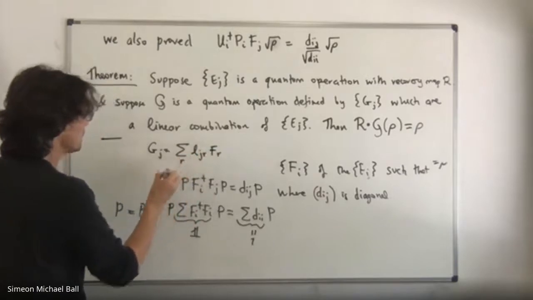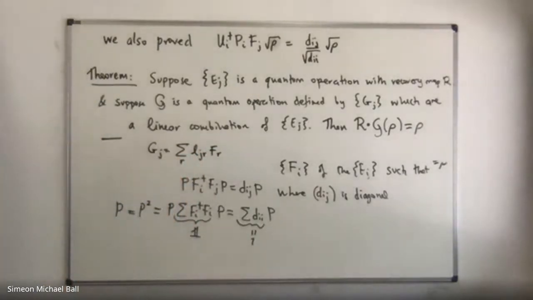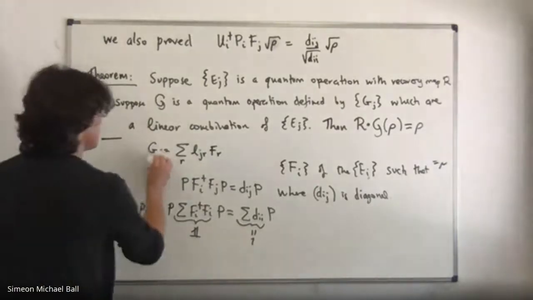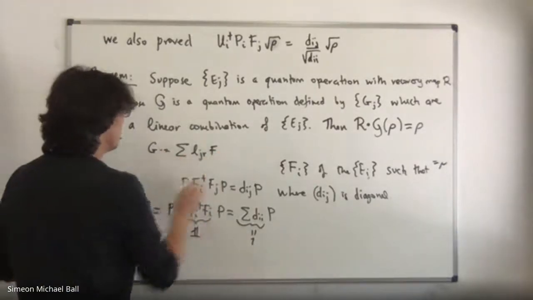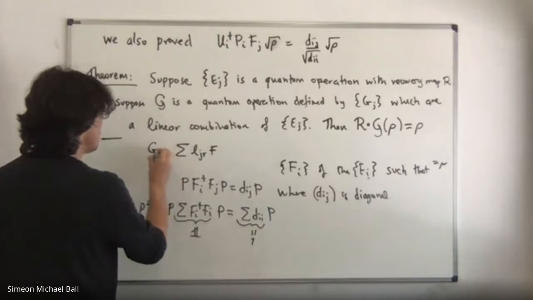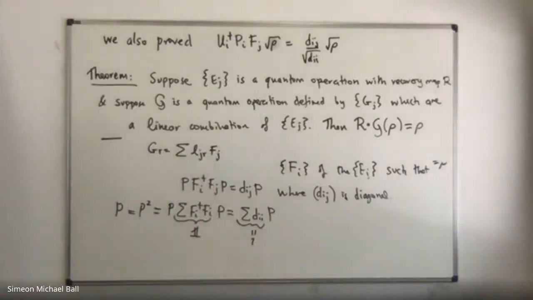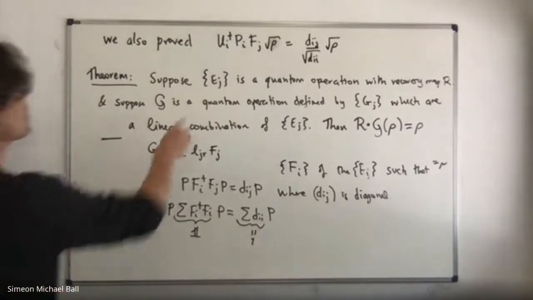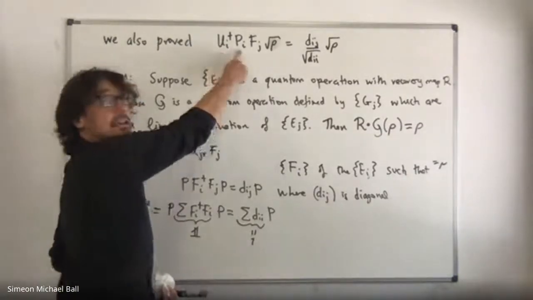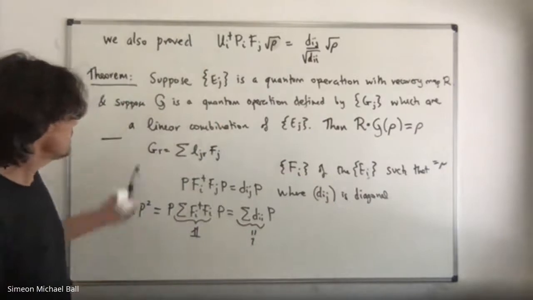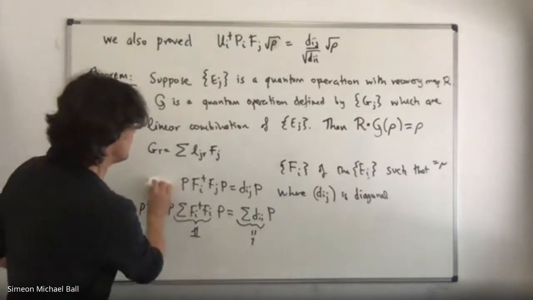Okay, so it's... No, I've done it running the other way here. Let me do the other one just in case I get lost. So G_R, what's J? Since our recovery map is going to be these U_I dagger P_I, let's see what they do to G_J.